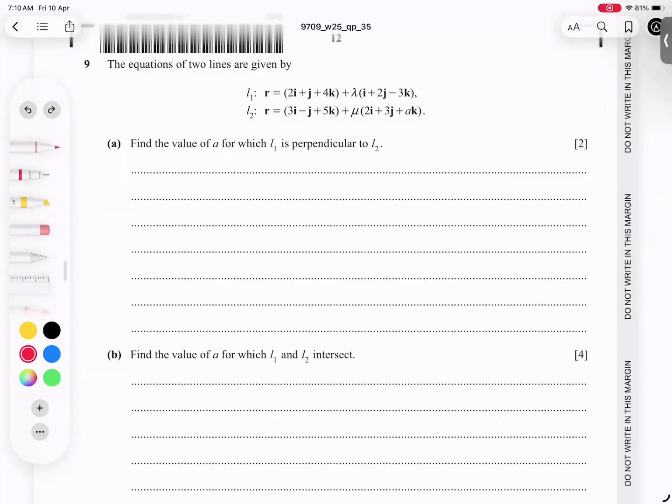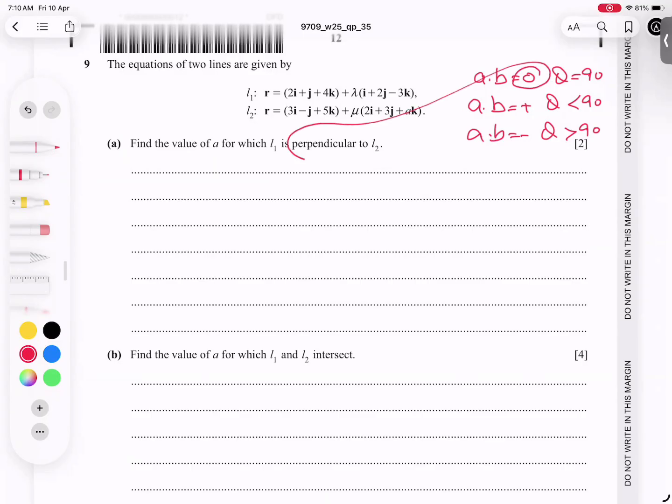We have three possibilities. If A dot B is equal to 0, it means the angle is 90 degrees. If A dot B is a positive answer, theta is less than 90. And if A dot B is negative, theta is more than 90, obtuse. So in the current situation, we have perpendicular, we must use the 90-degree criteria.